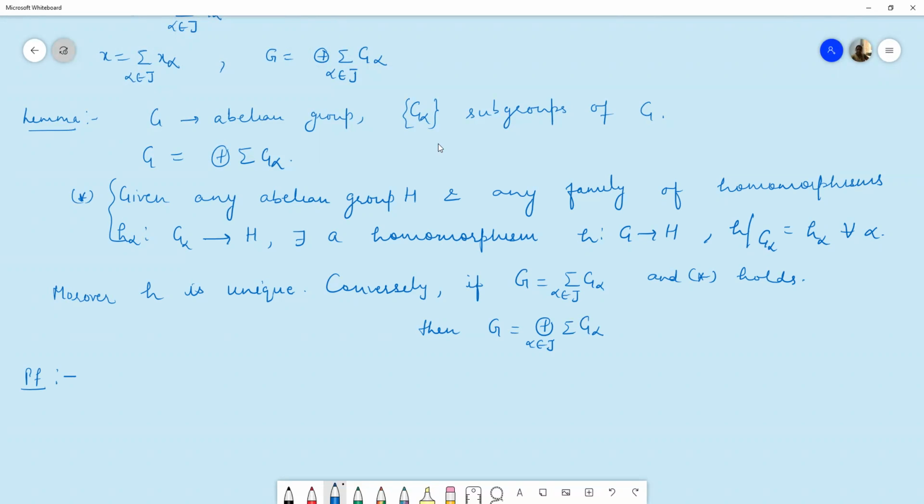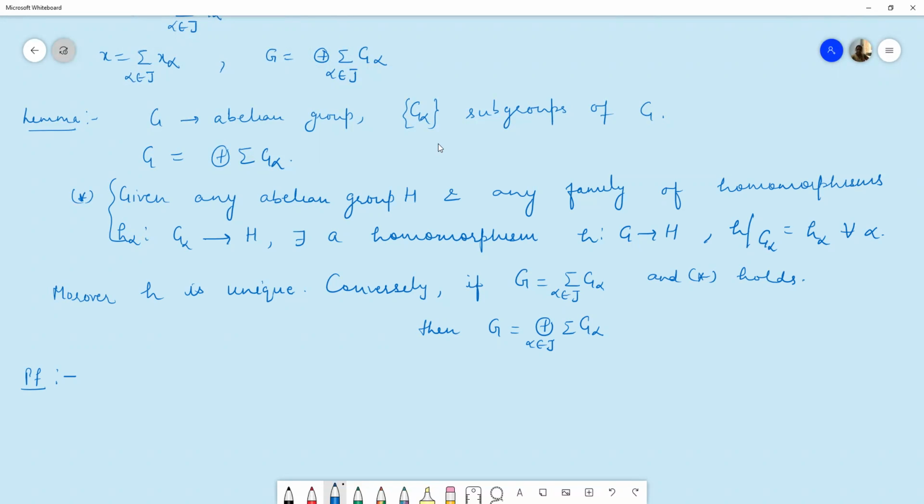Firstly we prove the converse. If G is generated by the G alphas and the star condition, which is the extension property of G, is true, then G is a direct sum. So here we are given that G is the sum of the G alphas. We have to prove G is a direct sum.